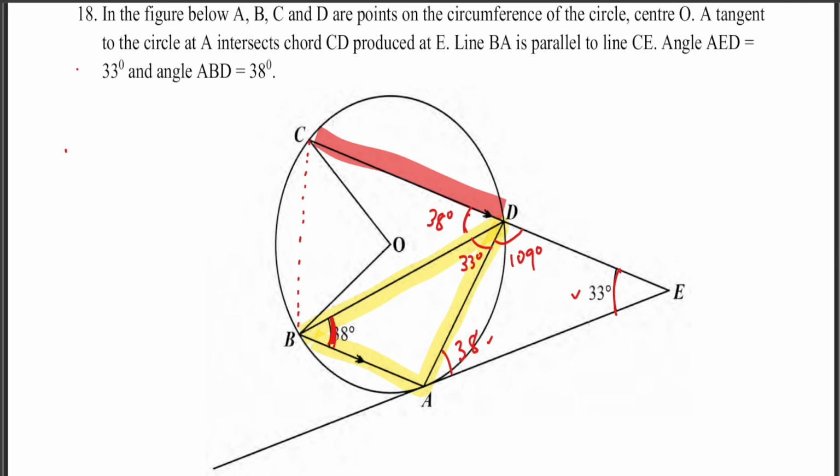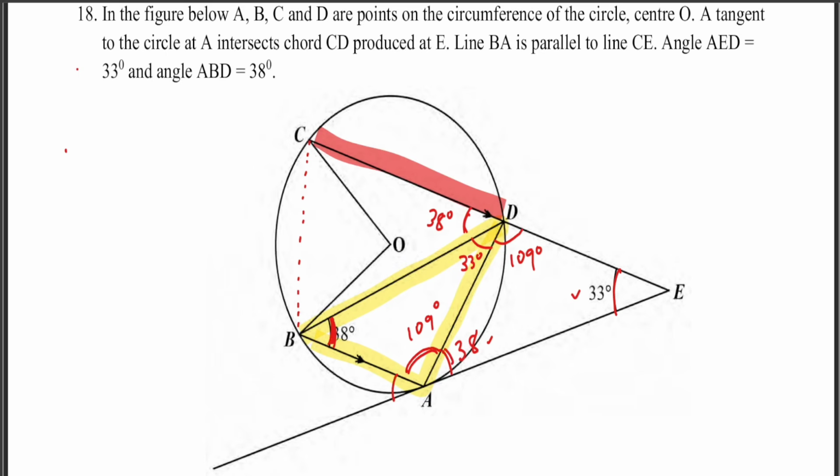So if this is 38, also 38 plus 33, angles in triangle ABD add up to 180. So if I take 38 plus 33 and subtract it from 180, it gives me 109. So this angle here should be 109, and obviously this whole thing is a straight line, and angles in a straight line add up to 180.